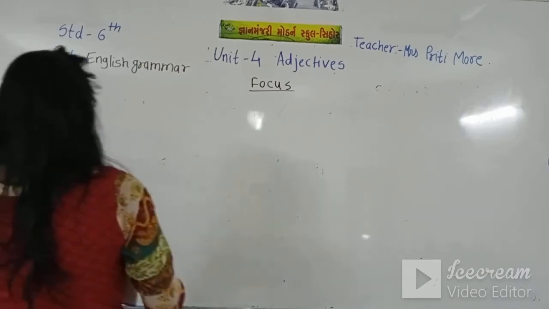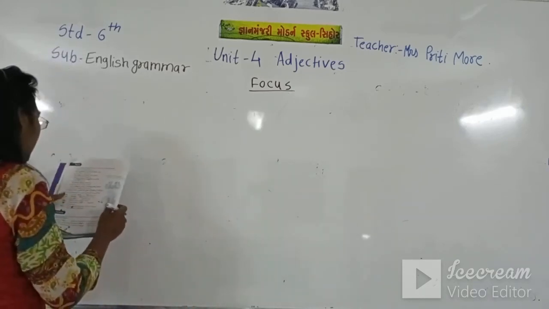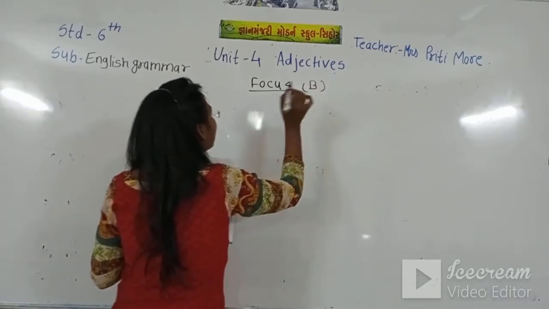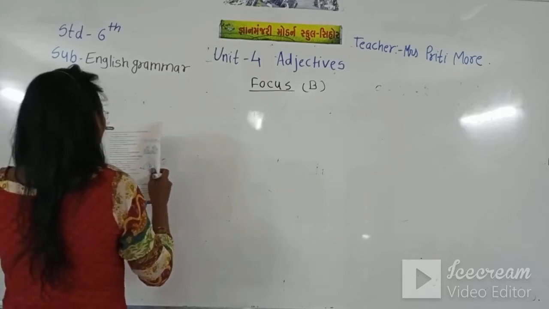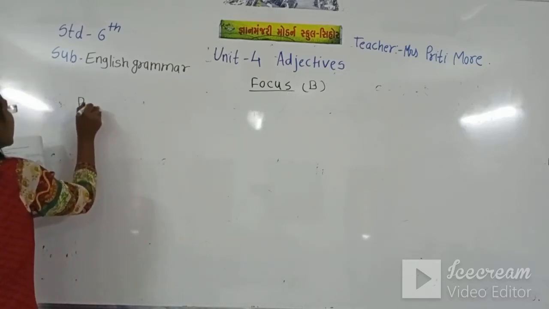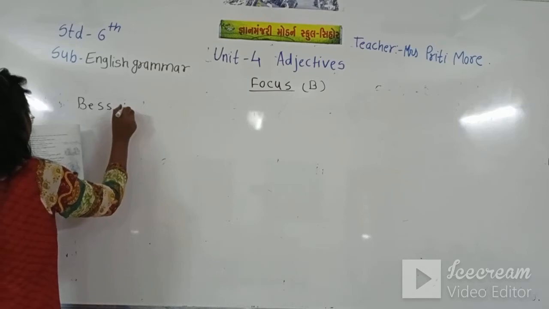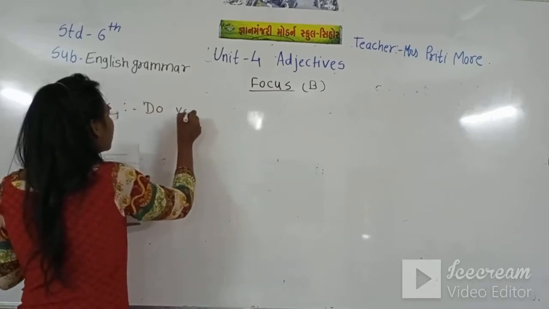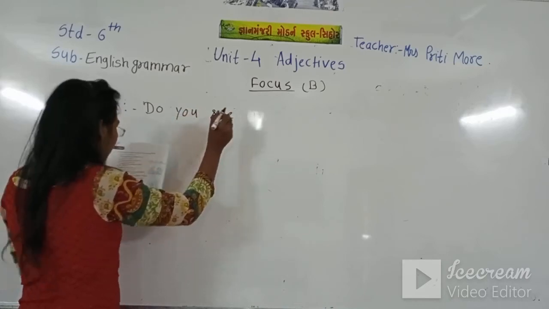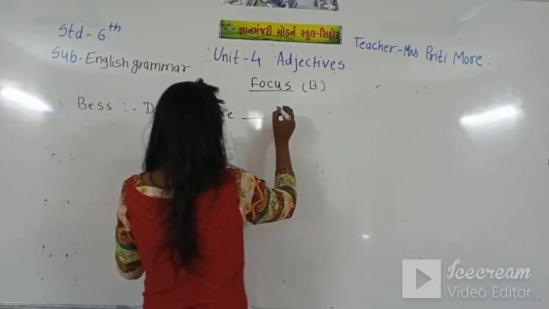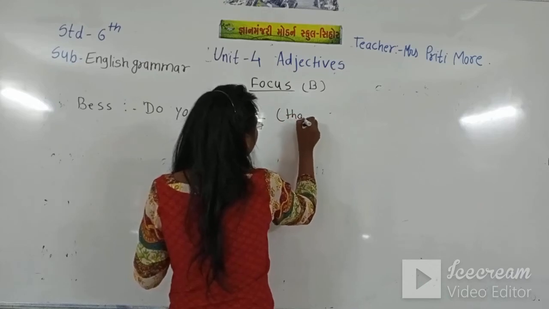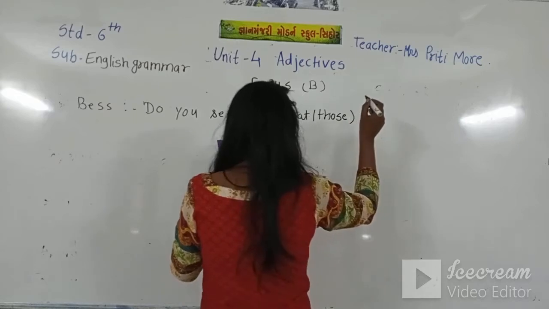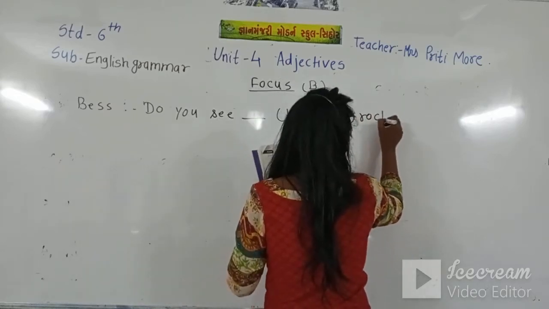Now there is a conversation between Lucy and Base. What they are saying first. Now I am writing here B because the focus exercise B we are going to complete. Base: Do you see blank space? Two options, that and those. Rock.